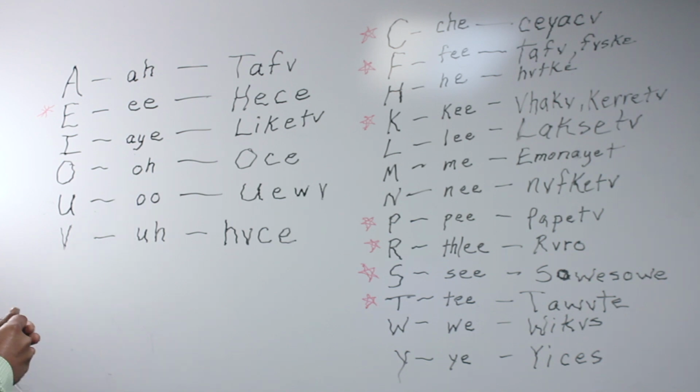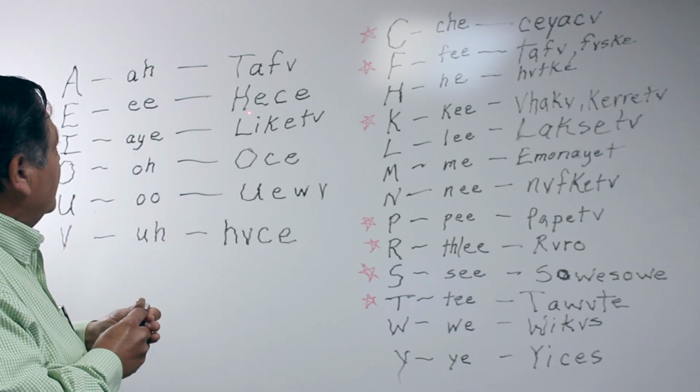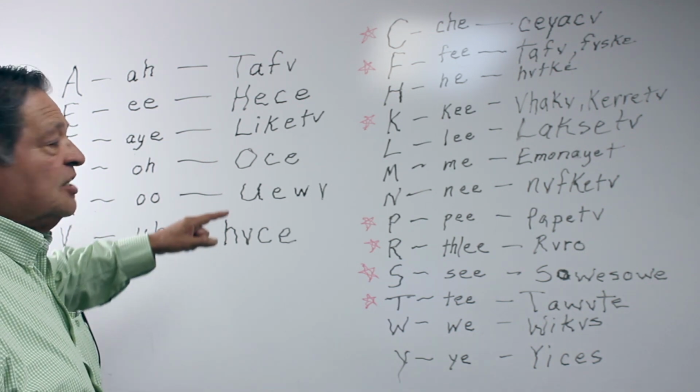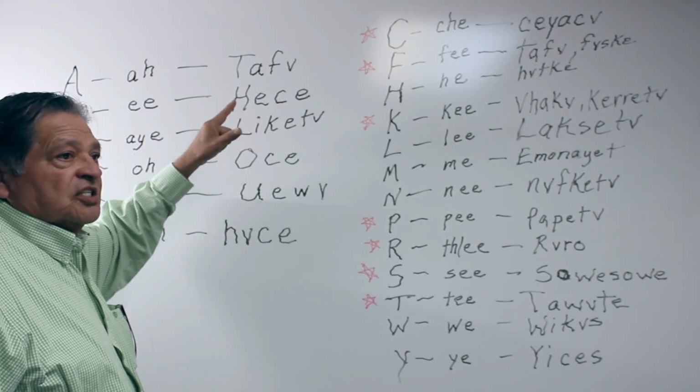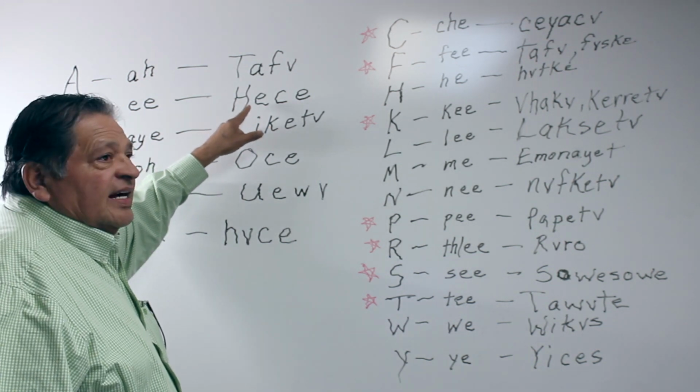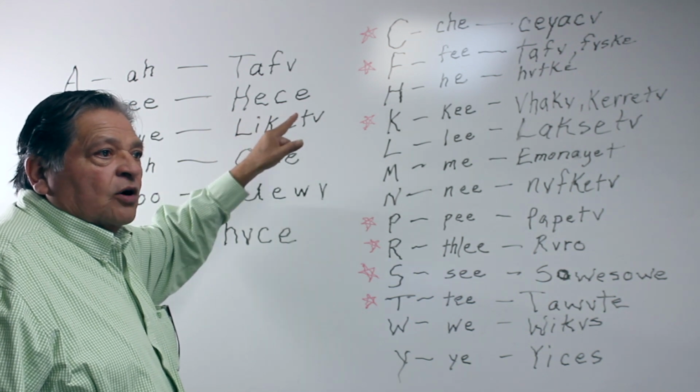The next one is the one I mentioned a while ago, and that's the vowel E. It's pronounced right there, like a long E. And this word right here is an example of how it's used in two different pronunciations. This word, hiji, means tobacco.